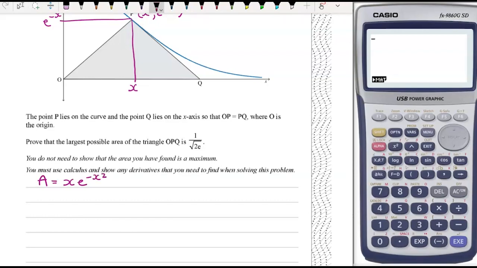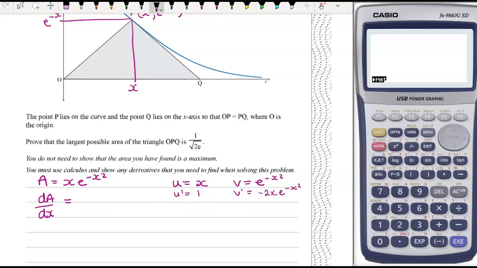Now, if we want to maximize a function, we need to differentiate it and set it equal to 0. So let's differentiate this. It's a product rule. So u equals x, v equals e to the minus x squared. du by dx would be 1, and dv by dx is a chain rule, so it's minus 2x e to the minus x squared.